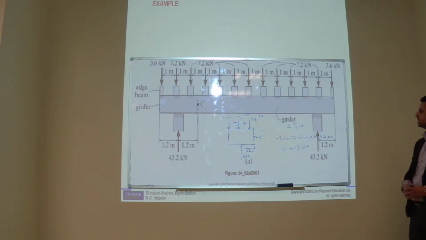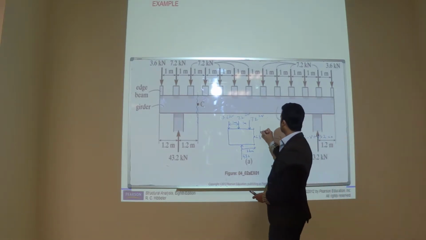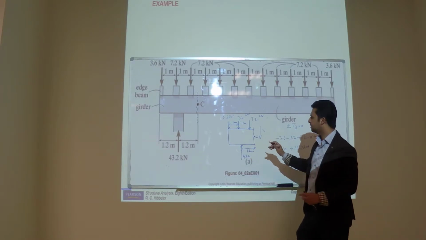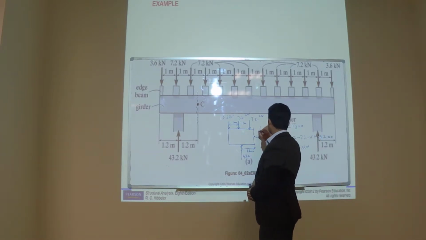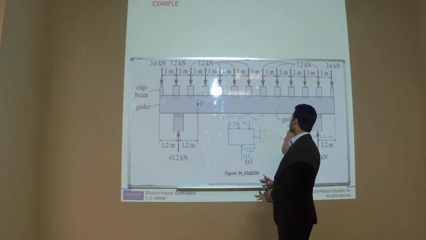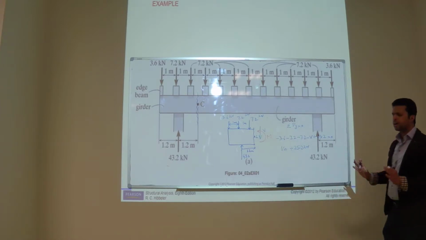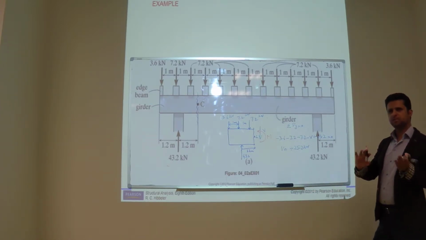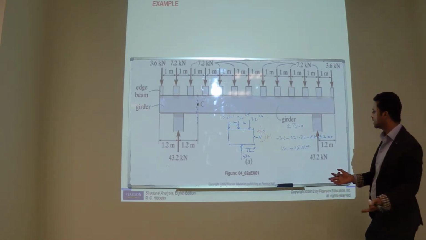Now the moment. You can assume the moment here at C in any direction, but I recommend you assume clockwise. And now you can consider any sign convention, like counterclockwise positive, the same as we are using.